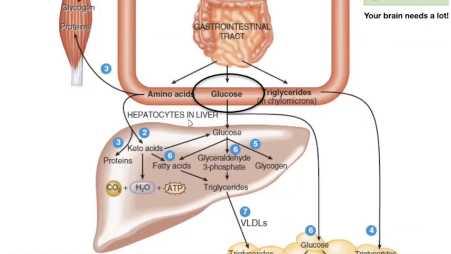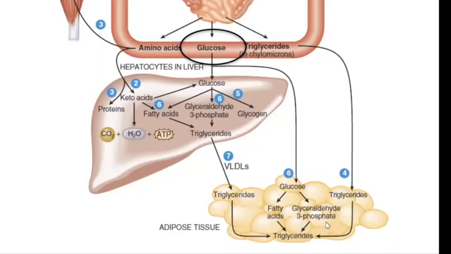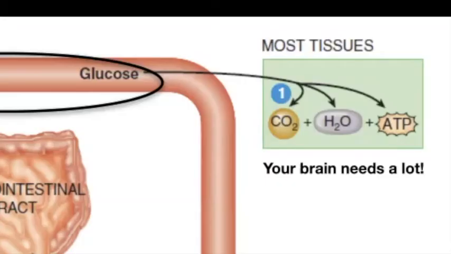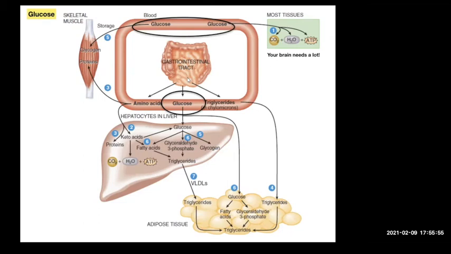There are also other things that could happen to it, amongst them turning it into triglycerides eventually and storing it in your fat cells. So glucose is this central molecule that it's really all about. This is where we get all our energy, because we need this ATP to do all our functions. As far as this class goes, our main interest in carbohydrates really is this glucose monomer.